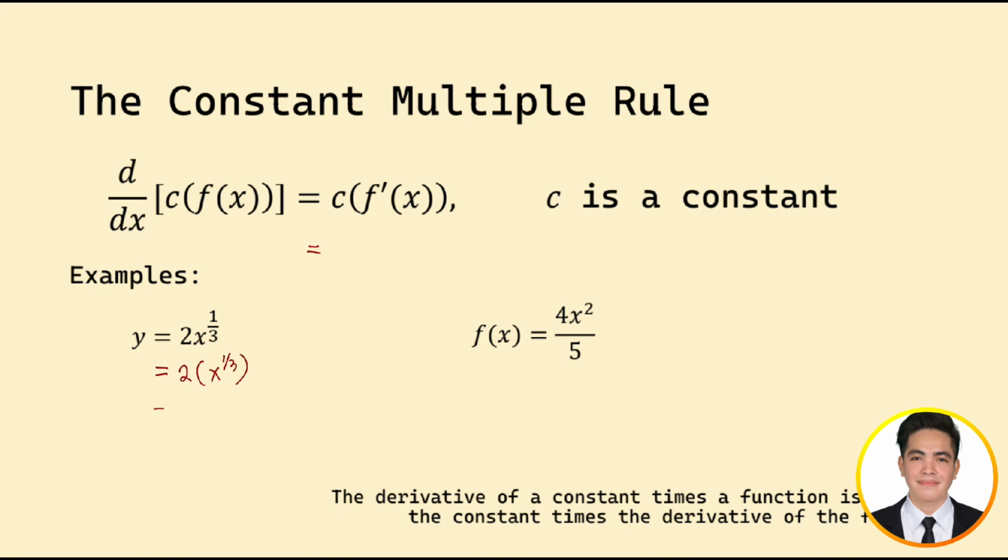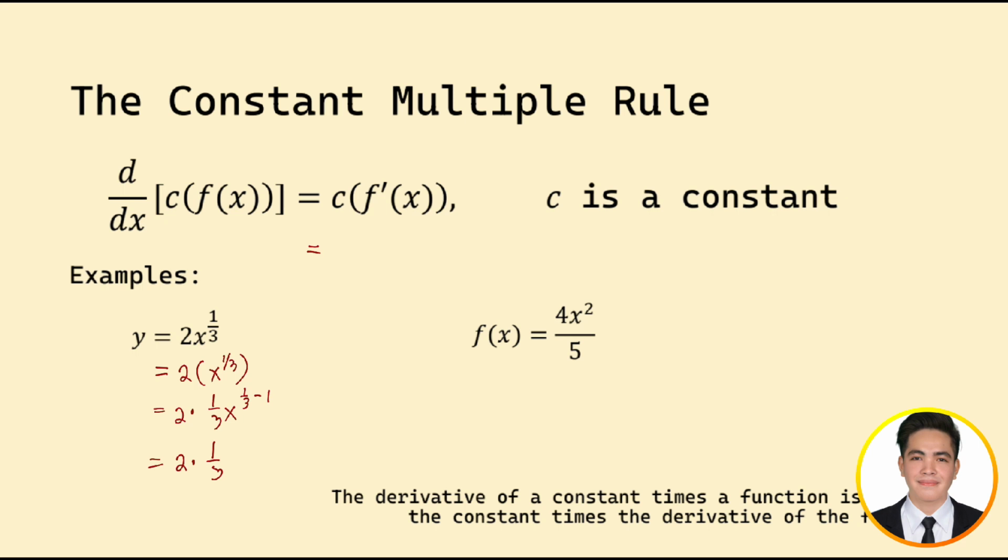So, since nasa labas na siya ng derivative, yung 2, ang i-evaluate na lang natin is yung nasa loob. This will be 1/3 x and then 1/3 na naman minus 1. And then, simplify further, 1/3 minus 1. What is 1/3 minus 1?